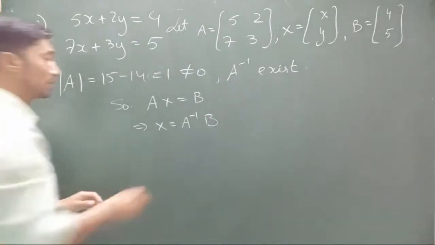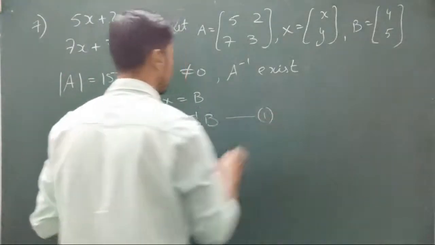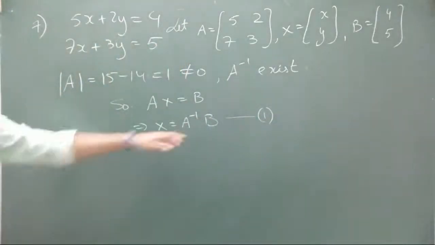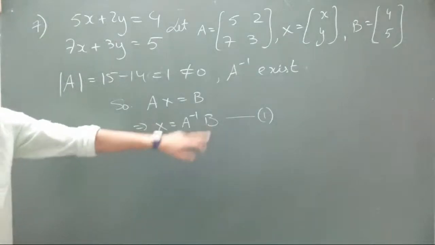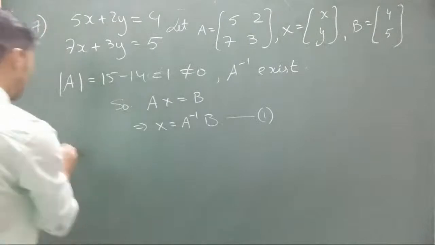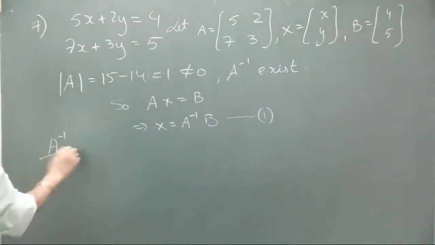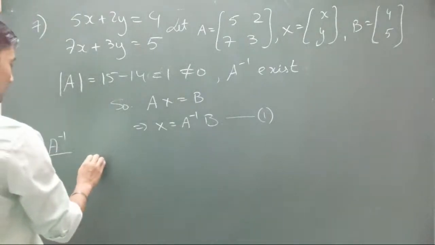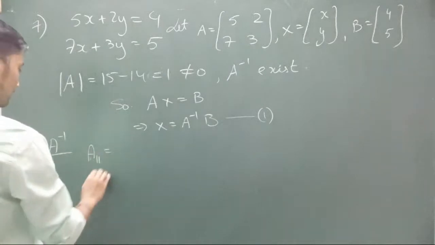So that means we have to get A inverse and get the product with B, and you'll get the value of X. So let's find out A inverse. Now to find A inverse, we will need the adjoint of the matrix. So for that, let's find the cofactors.